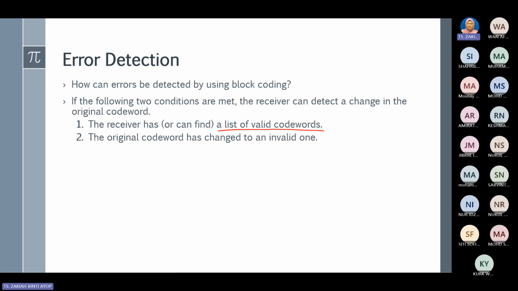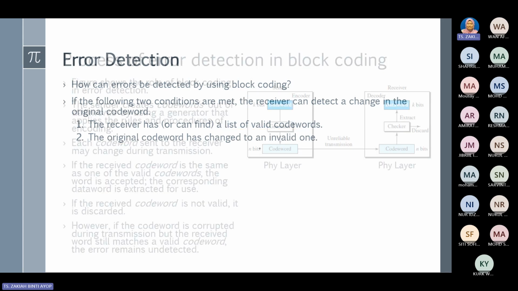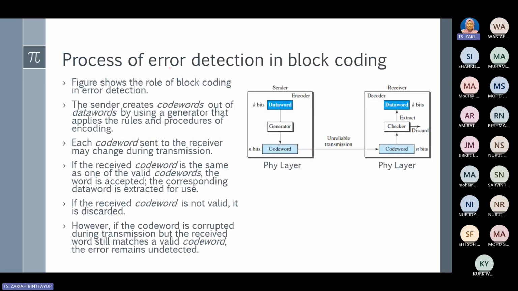The second condition is that the original code word has changed to an invalid one. If the receiver detects that the received code word is invalid, then it would not accept that code word. So this is the process of error detection in block coding.